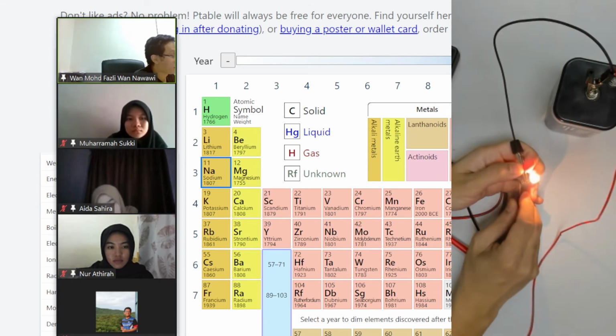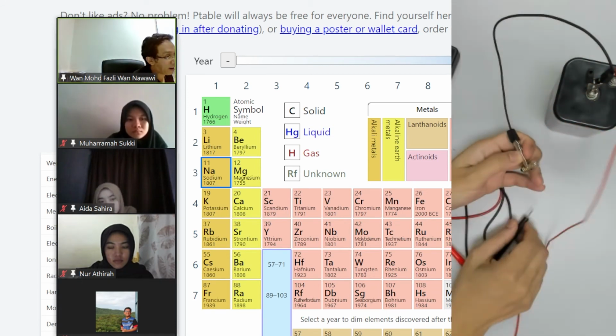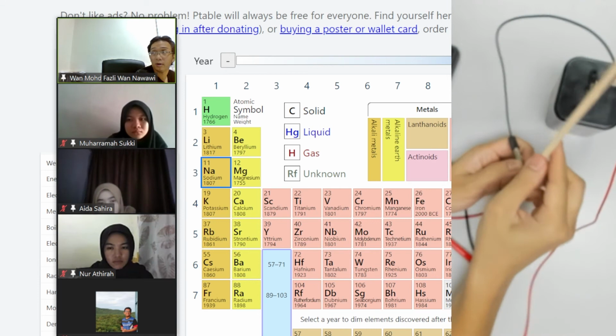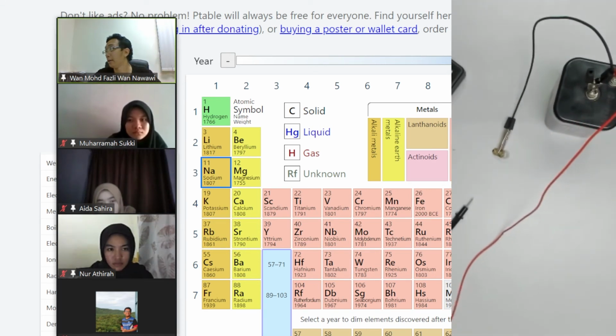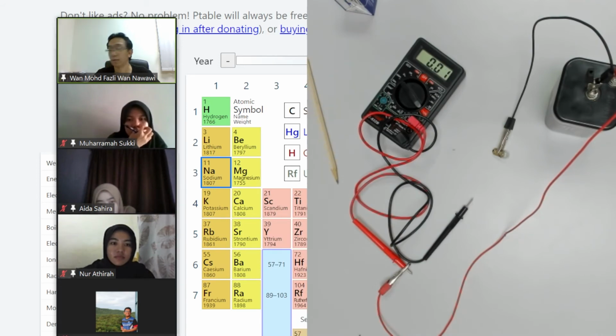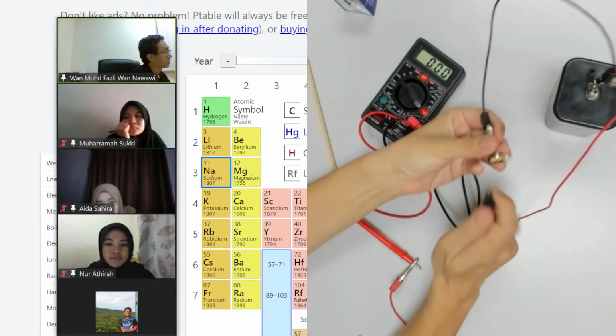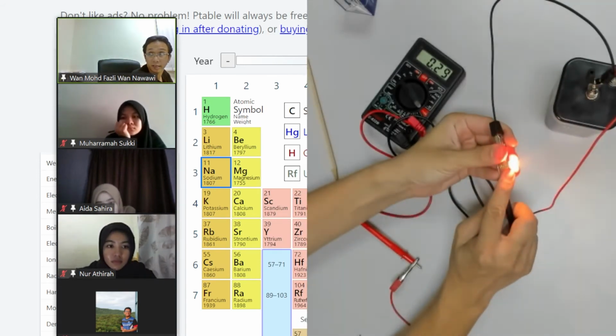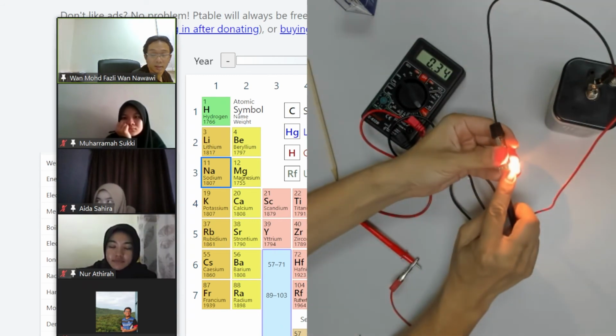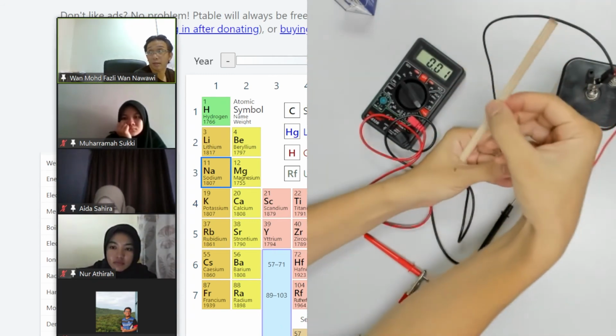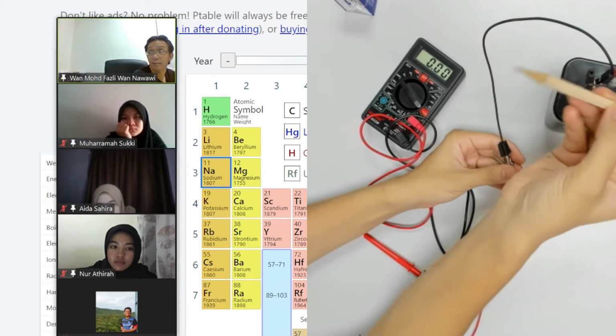Okay, conduct electricity. Let me make it bigger. It's difficult for me to move. If you were in front of me it would be easier. Like this, it's easier. So you can see here the wire conducts the electricity, the electrons inside the wire. Okay, so now you know the pencil has carbon, the lead.